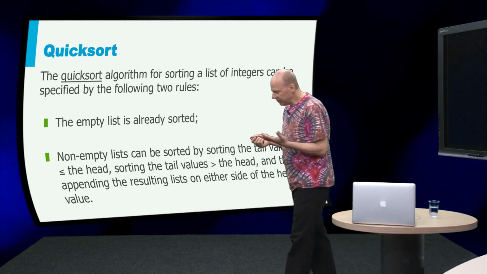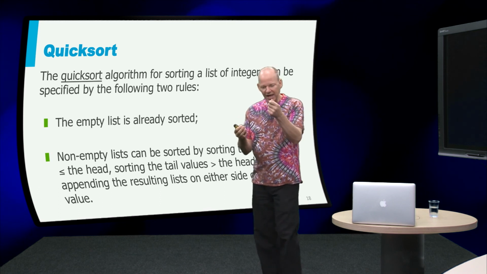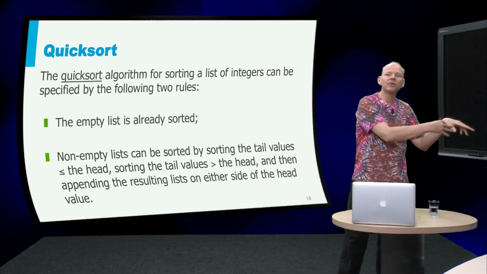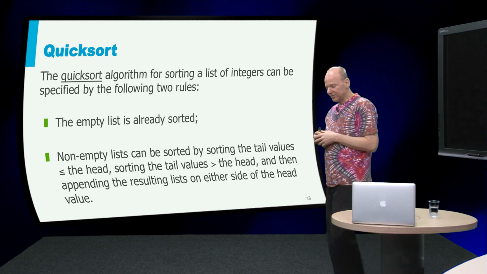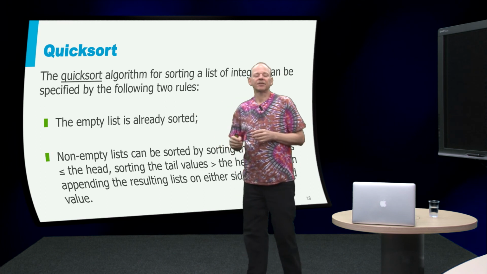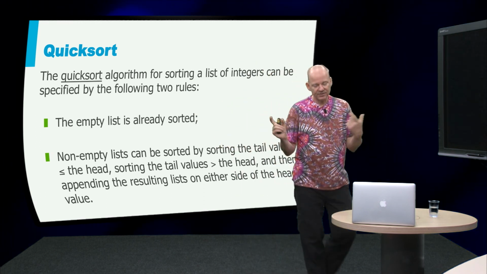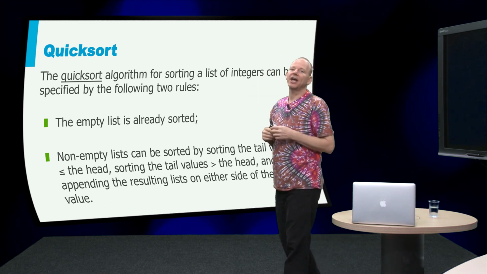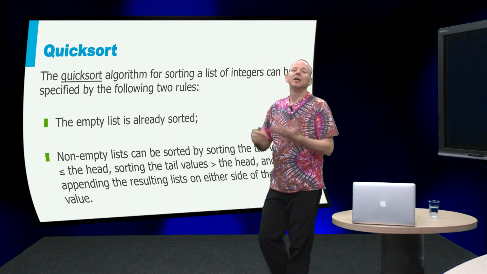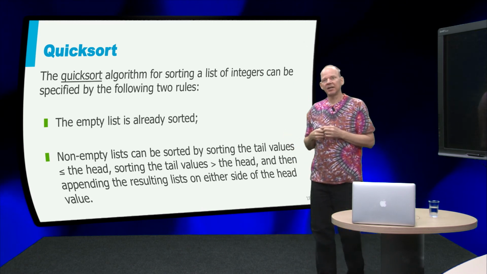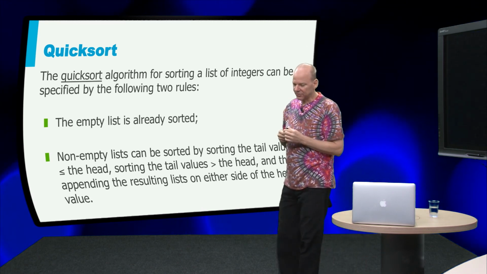Well, if we look at the head of the list and break this list in two, one with all the values that are less or equal than the head, one with all the values that are greater than the head, then we can just recursively sort those two lists and inject the head in the middle, and we're done. And that's the algorithmic essence of quicksort.